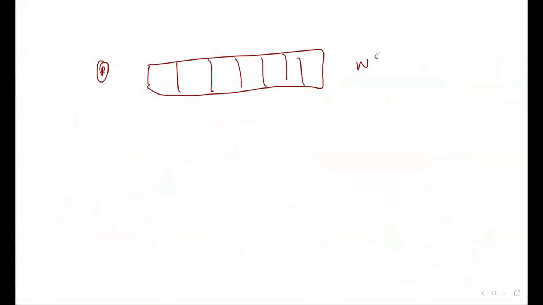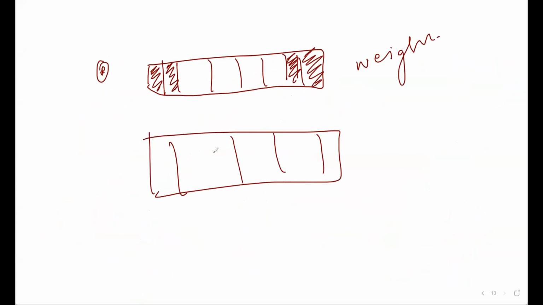If I sort my weight array, you are given weights of persons. Which is better: taking two very heavyweight people, taking two very lightweight people, or taking one very lightweight and one very heavyweight?